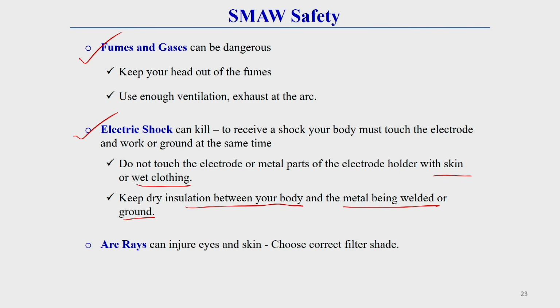This is generated due to the arc or spark between the electrode and workpiece. This arc ray can injure your eye and skin. So for that reason always keep it in mind. You should wear the correct filter shade of goggles during this welding operation, otherwise your eye can be damaged. So these are the different general safety precautions of this welding operation.